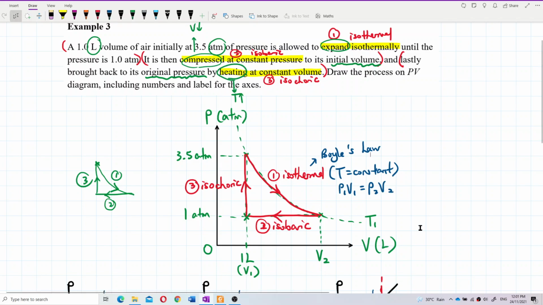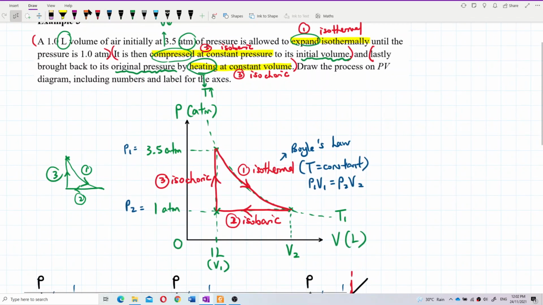So you need to find the volume 2. This one is pressure 1, volume 1, pressure 2, volume 2. So we can find volume 2.